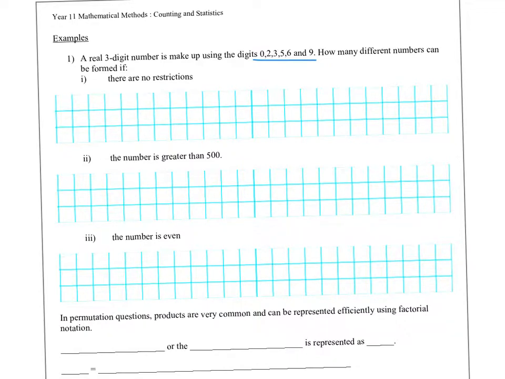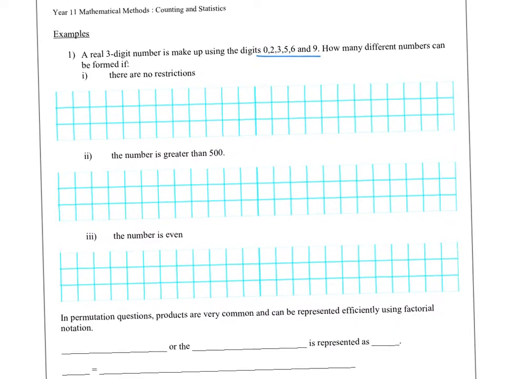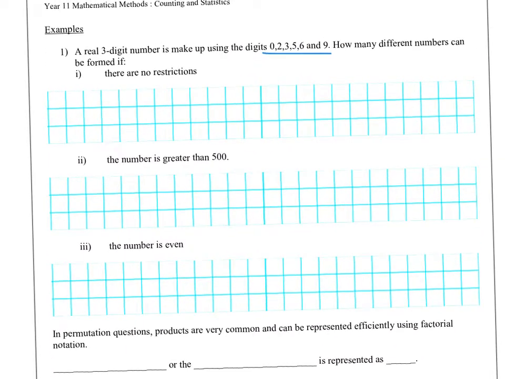So how many different numbers are formed if there are no restrictions? Well, think about it. Box, box, box. This first number up here can't be 0, can it? Because if that was 0, you wouldn't get a 3-digit number, because that 0 effectively doesn't count. So there's only 5 options, because you've got a total of 6 up here, but you can't use 0.